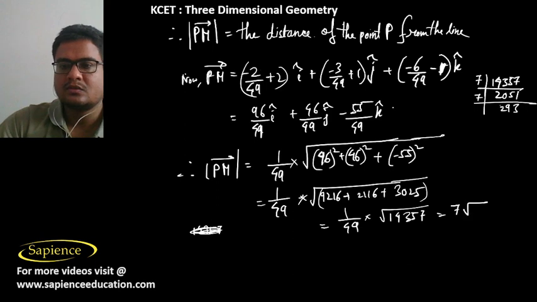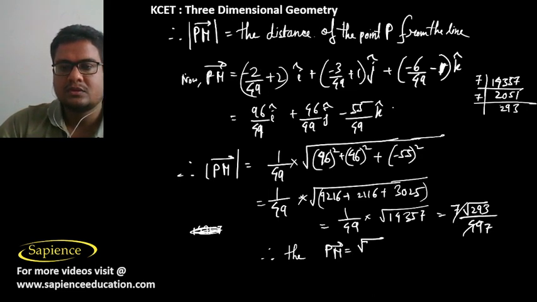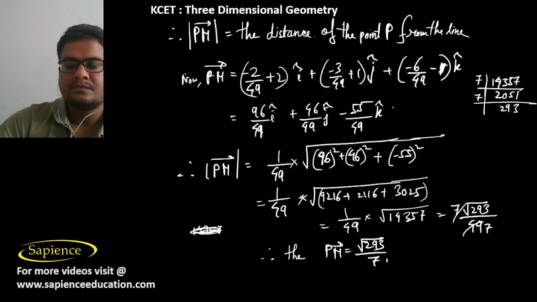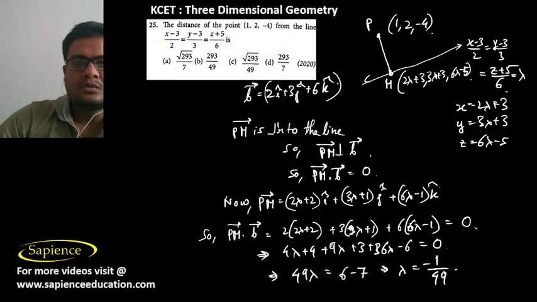So this is 7 root over 293 divided by 49, and 7 7s are 49. Therefore the required distance PM vector is root over 293 by 7. So option A is the correct answer.